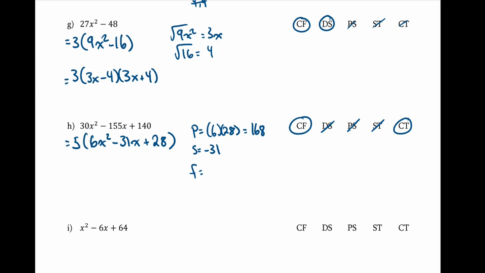16, nope. 18, no. 19, no. 12 does work, but 12 and 14 do not add to negative 31. 21 and 8 do not.